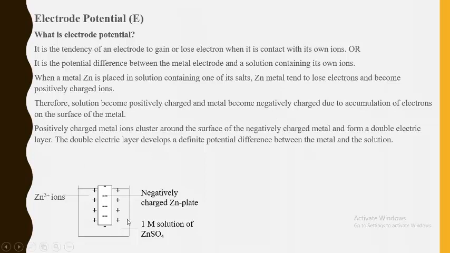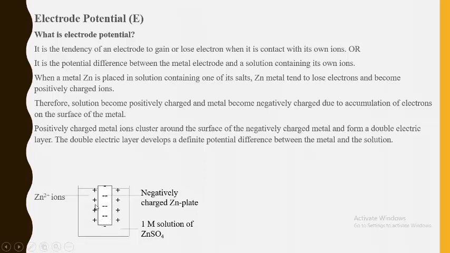So what happens? Two electrons will be lost, and as a result Zn2 plus will be released into the solution, and two electrons will get accumulated in the metal strip of the zinc plate. As a result, due to accumulation of the negatively charged electrons, the zinc plate develops a negative charge.